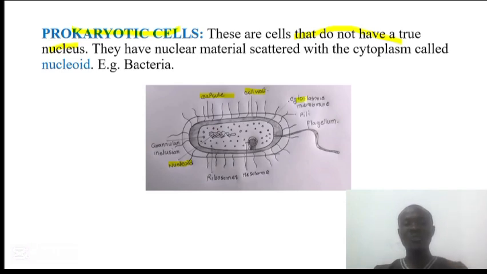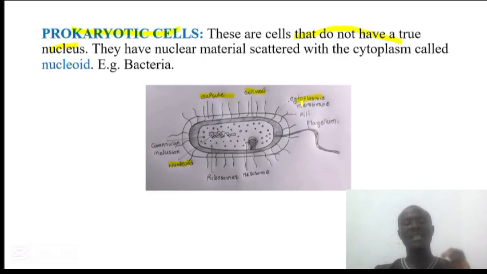While the cytoplasmic membrane, also called the plasma membrane or the cell membrane, is also there for protection. It is selectively permeable, not like the cell wall that is freely permeable.